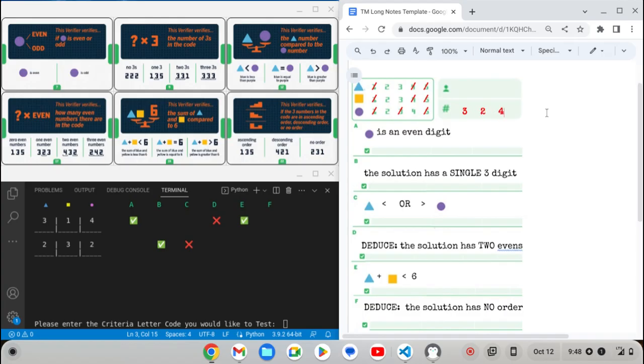Okay, and so I guess based on that, we'd be deducing that triangle should be less than circle. And we do have 2 cases for that, but the way you choose it is because of the ordering of the 3-digit solution.